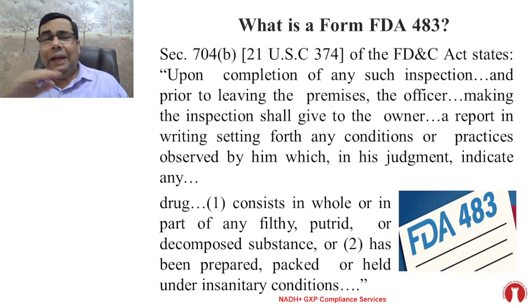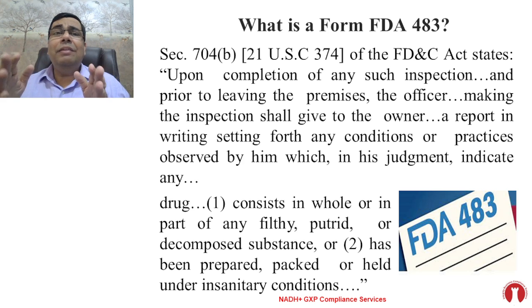That report should be in writing, and in that report, the inspector should specify all the conditions or practices observed in his judgment. So what type of observation, why the observation is given, what are the guideline expectations. The report given by FDA may be 3 or 4 pages, depending on the number of observations.